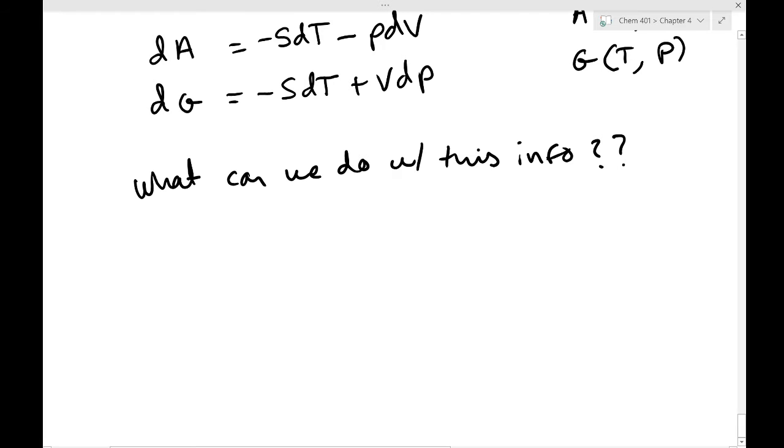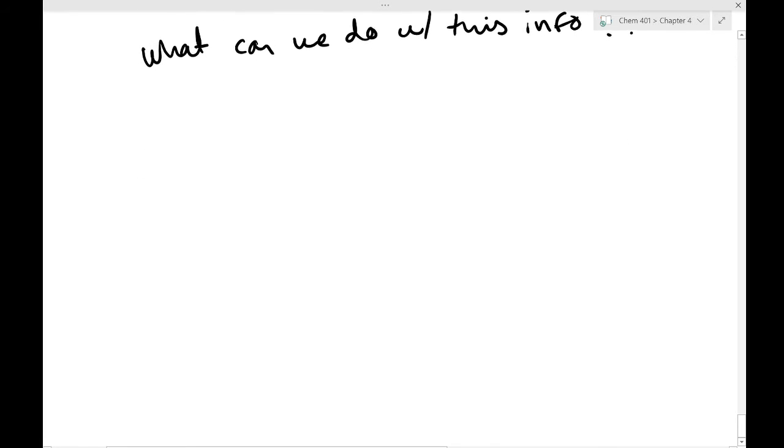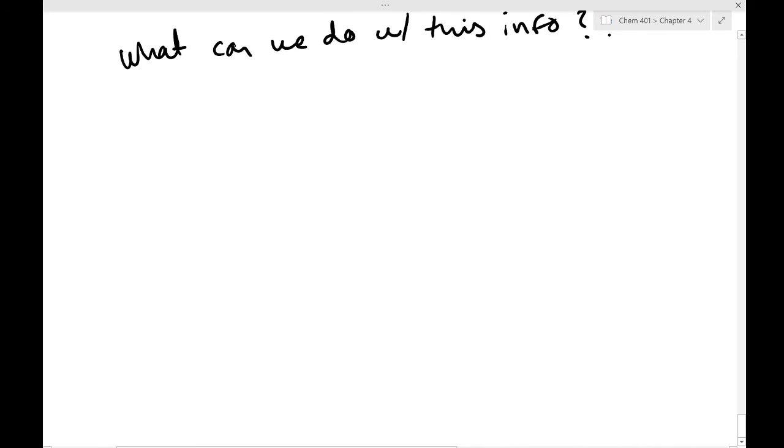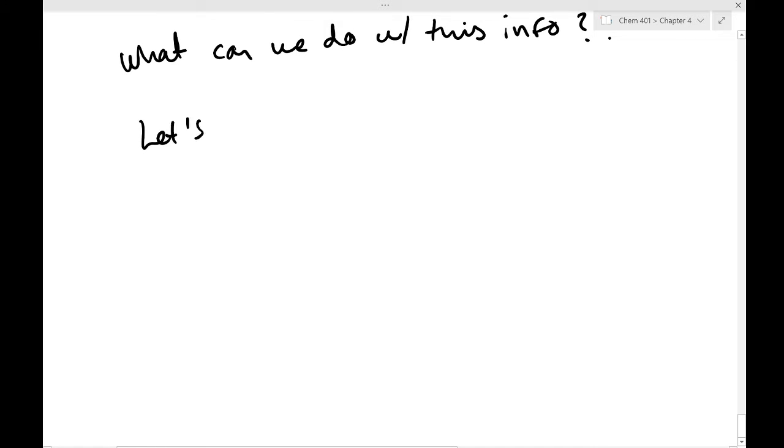Okay, what can we actually do with this information? To determine this, let's start out by looking directly at U. U is a function of the natural variables S and V, so entropy and volume.